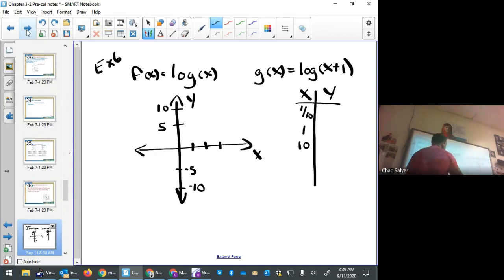So I have 1 over 10 would go to negative 1, 1 would go to 0, and 10 would go to 1. And then way out here somewhere, be like that. So the graph would look something like this.